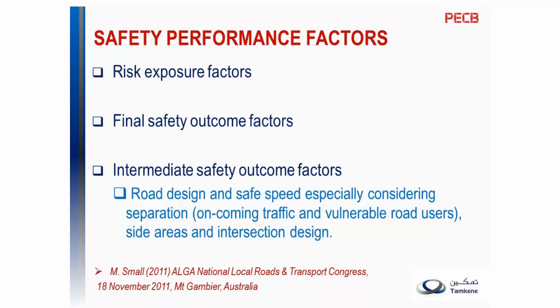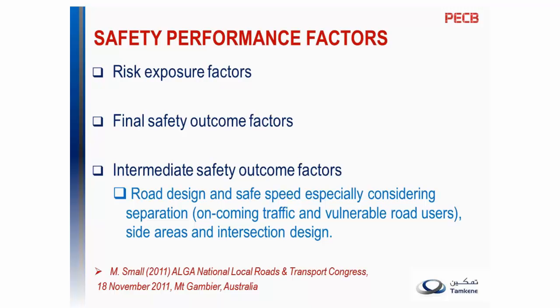In terms of safety performance factors, this will include risk exposure factors and final safety outcome factors, which is the reduction of deaths, so to speak. Interim safety outcome factors have something to do with road design, safe speed, especially considering separation of oncoming traffic and vulnerable road users.